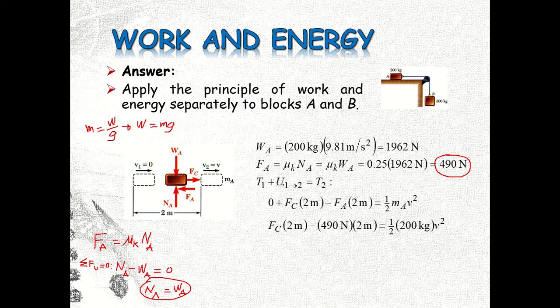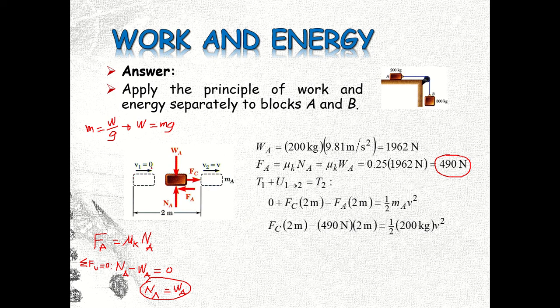Okay, so from the basic equation, the kinetic energy at this point, T1, plus the work when block A moves in this direction from 1 to 2, from this position to this position, equals T sub 2, which is the kinetic energy at that point.